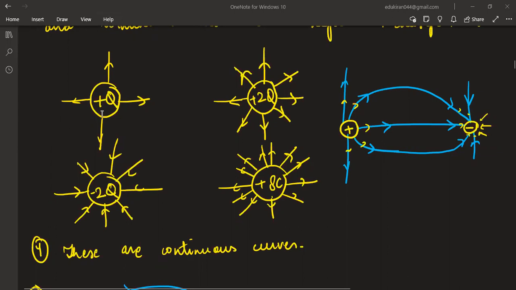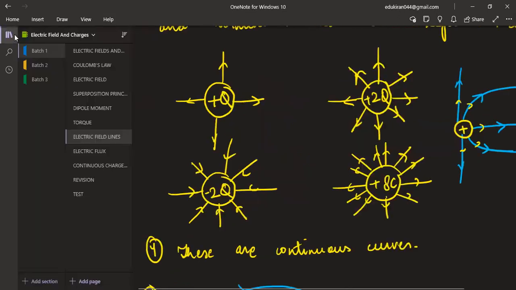You will be getting specific diagrams, specific figures. Spheres, cylinders, and dipole charges will be given. So you have to identify the electric field lines.